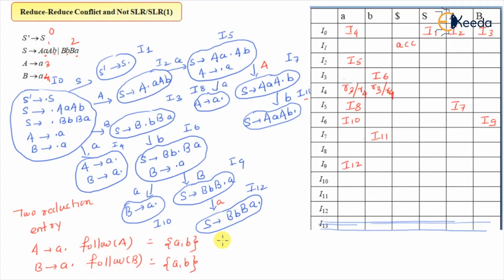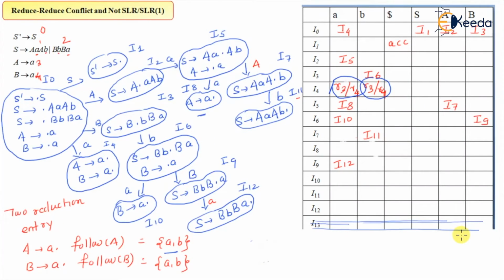Now you can see this is the situation we call a reduce conflict. The I4 state consists of R3 as well as R4 together, and that's why we say it has a reduce conflict.